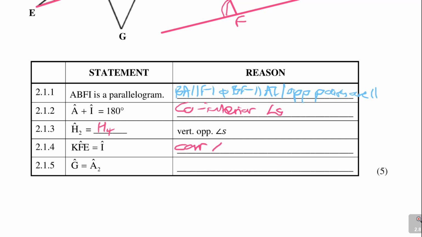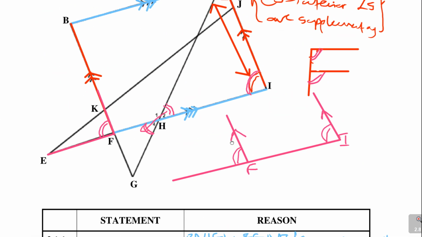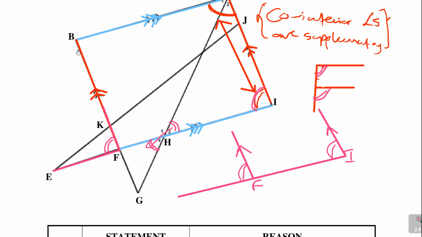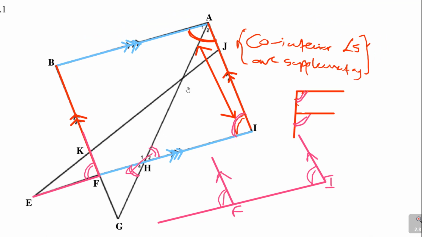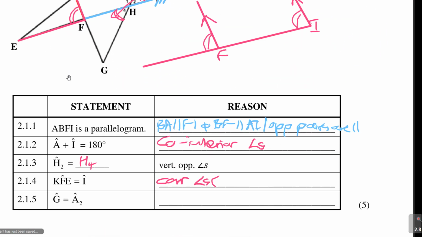But you must give us reasons. What is the reason? We call them corresponding angles because BF is parallel to AI. You continue there. BF is parallel to AI. It's still part of the reason.